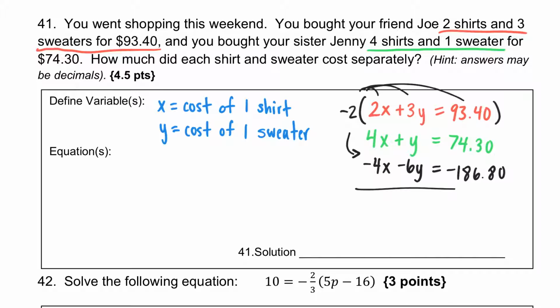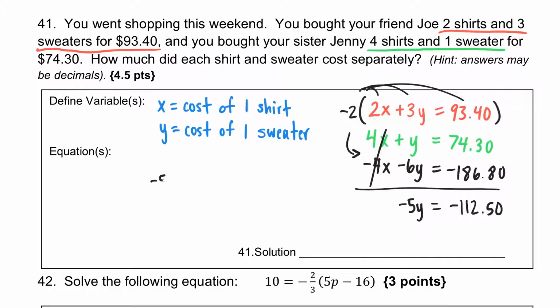$186.80 is what I would get there. Okay? So when we add these equations together now, the x's become 0. This is -5y, so y minus 6y is -5y, and then I need a calculator for this. 7430 minus 186.80 is -112.50.